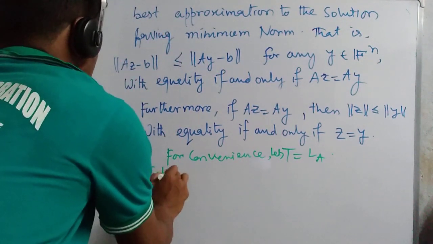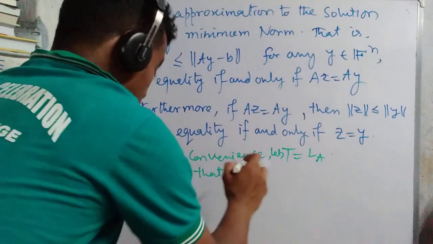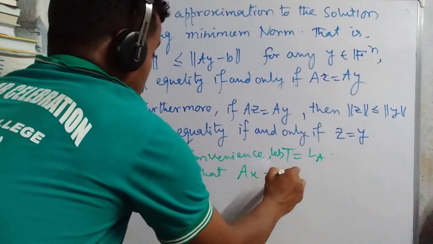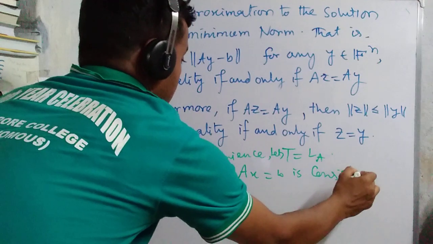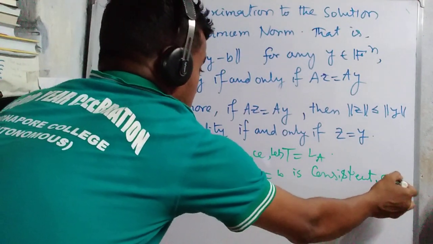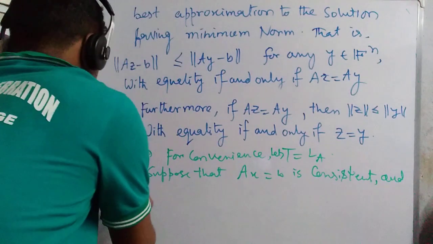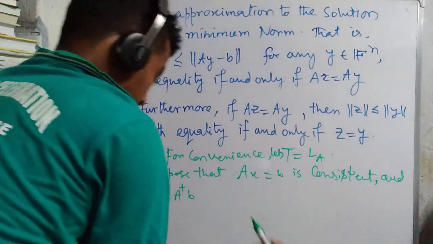First, suppose that Ax equals b is consistent, and let z equal A†b.